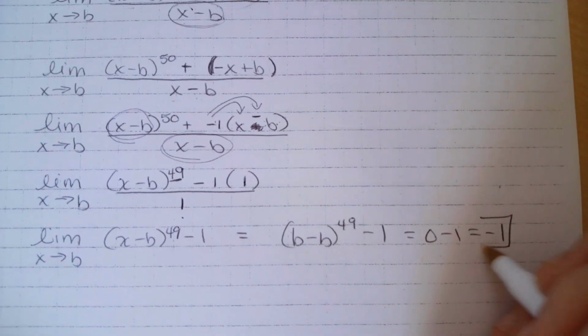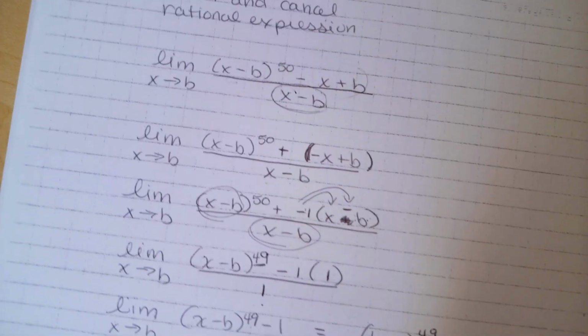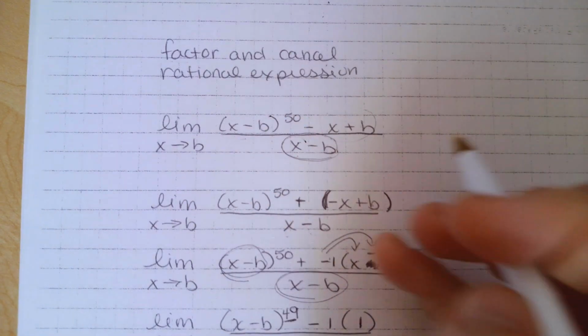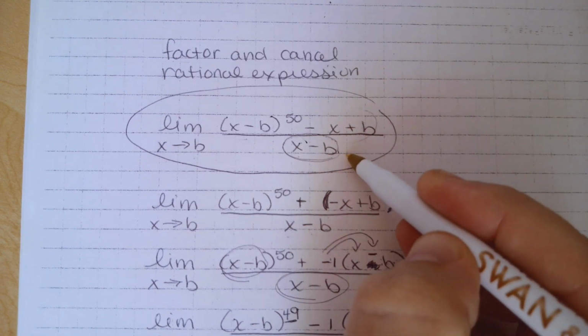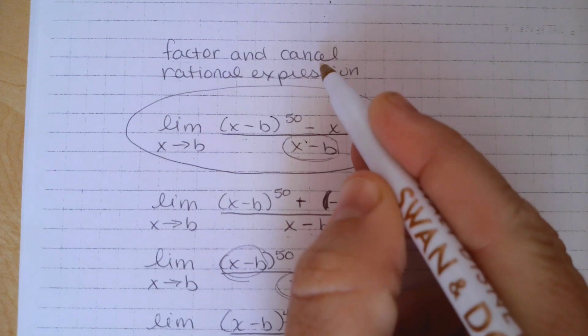Okay? So here we started with this expression up here. You never thought that you were going to get a number for an answer, probably. Right? And so again, as soon as we saw that the denominator was going to be 0, we asked ourselves, can we factor and cancel?